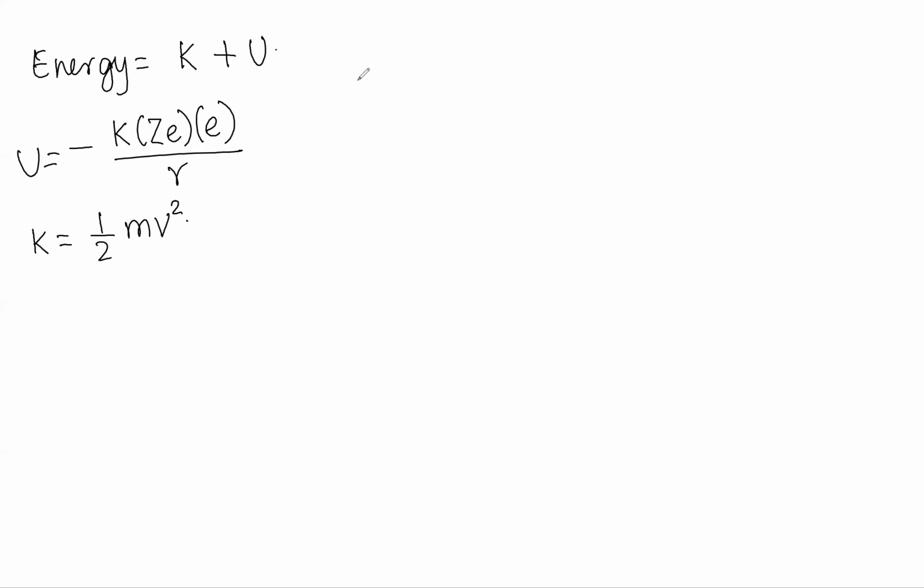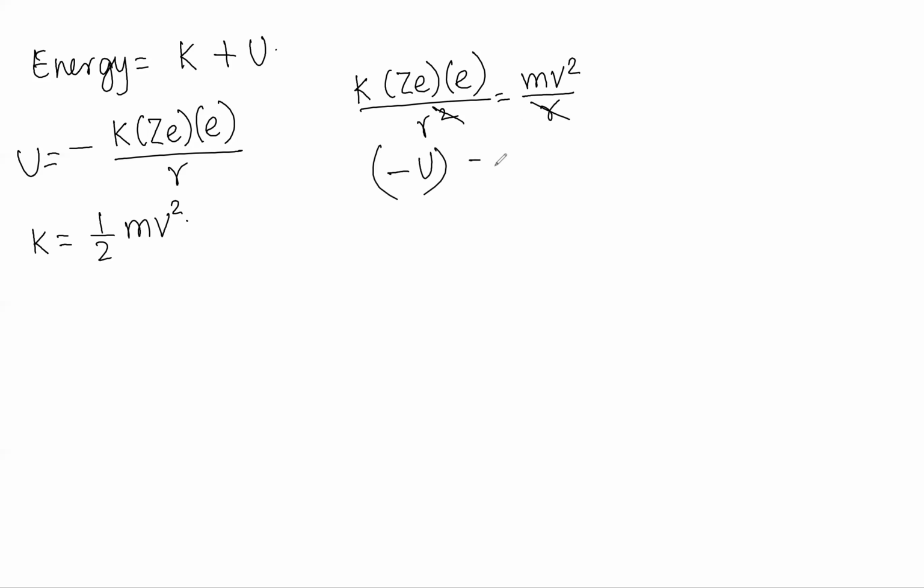Now from the first slide where we wrote k into z e into e divided by r square is equal to mv square divided by r, you must have noticed that mv square is equal to k z e into e divided by r. What is this? This is minus u. What is mv square? That is just 2 times the kinetic energy. So this gives us the simple relation that k is equal to minus u by 2.